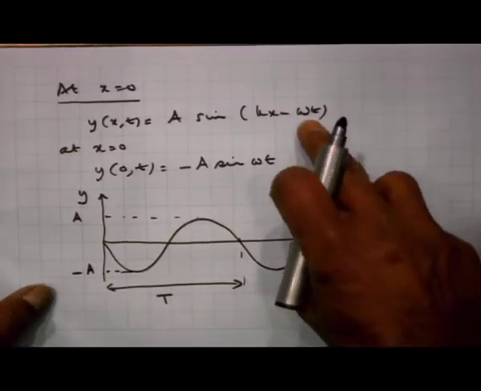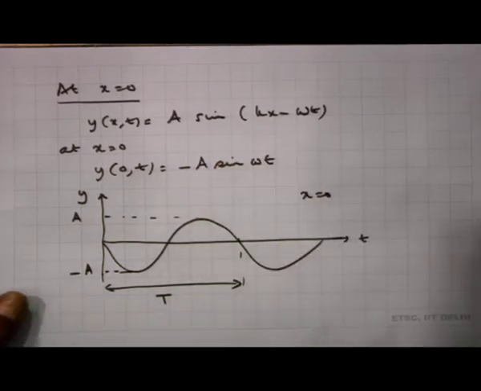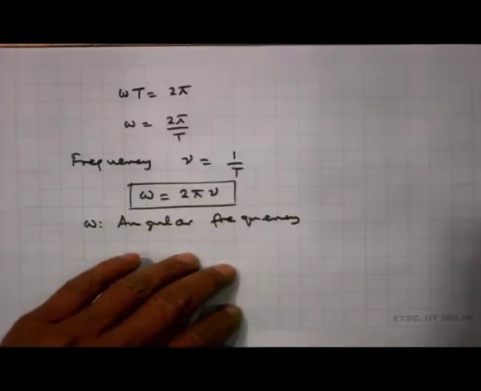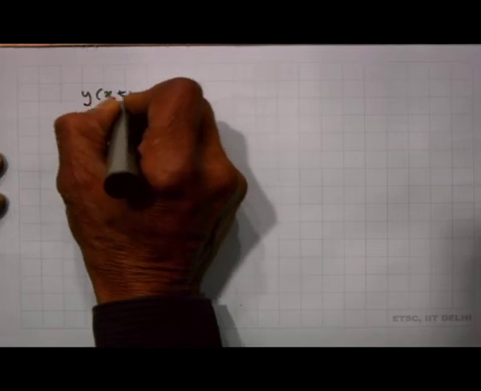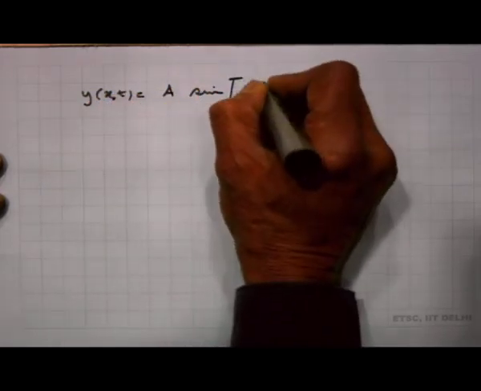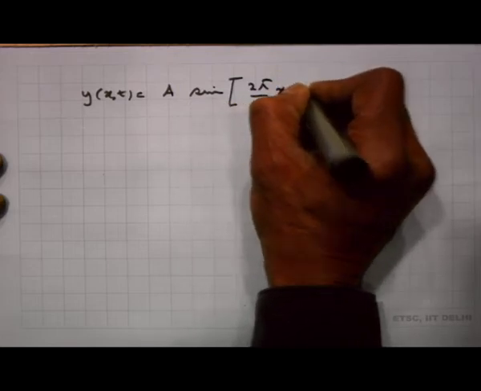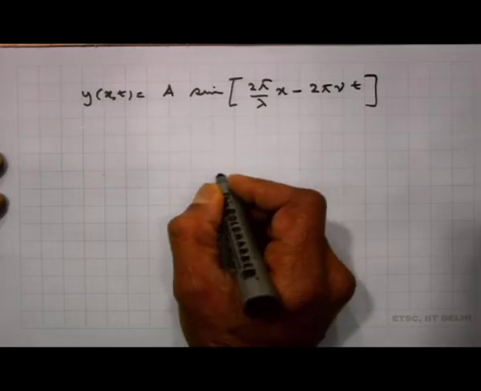So, this quantity omega which appears in this equation is nothing but 2 pi times the frequency, and k which appears here is nothing but 2 pi by wavelength. So, I can write this equation containing wavelength and frequency. So, let me write y of x t is equal to a sin, now k x is 2 pi by lambda x minus 2 pi nu t, that is omega t.